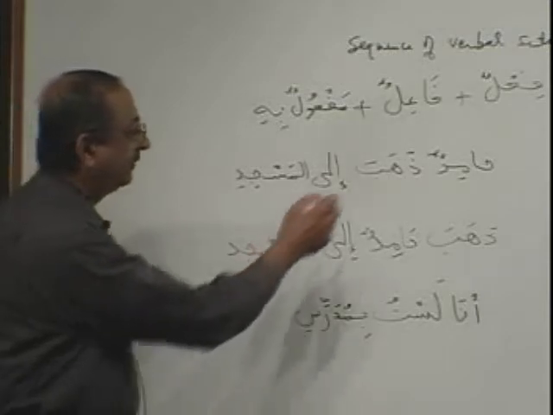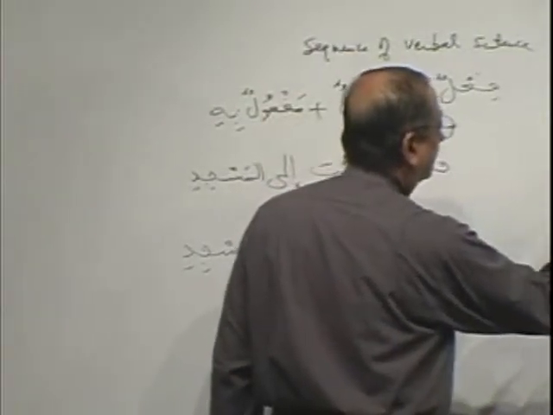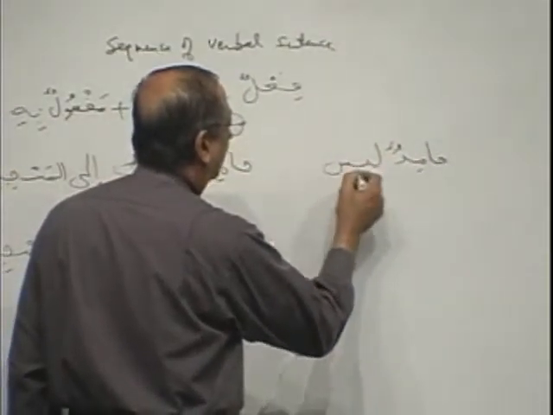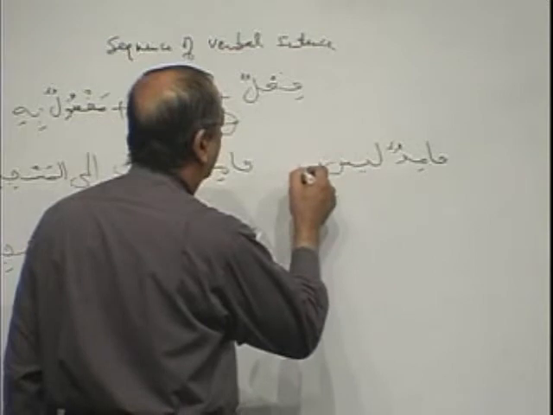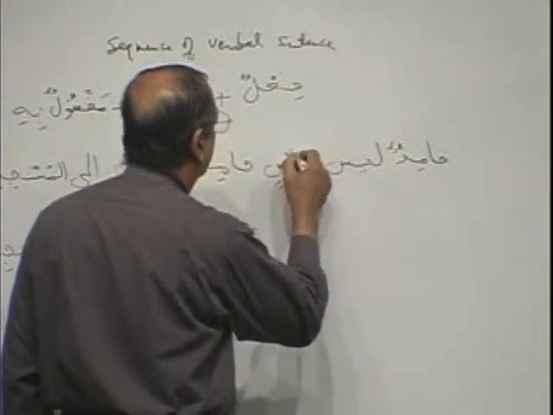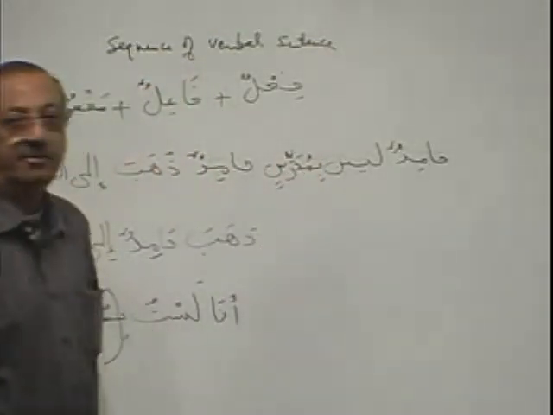So if I write something very similar like this, Hamidun Laysa bi mudarrisin. Okay, brother and sister? Hamidun Laysa bi mudarrisin. What is the translation? Hamid is not a teacher. What is Hamid? Mubtada.